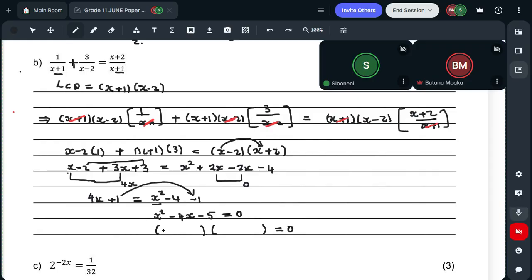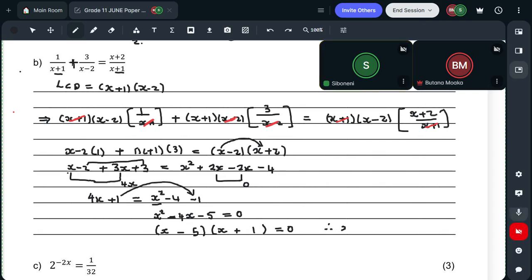So look at this. This will be x. This is x. Then the factors of 5 that when you add or subtract them give us the middle term of 4 are just 5 and 1. So this will be 5 and 1. Then you take the sign of the middle number and give it to the bigger number. And then this one will just be positive 1. Are you with me on that? Yes.